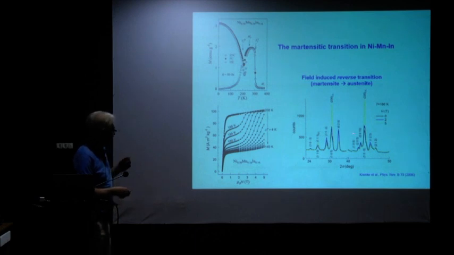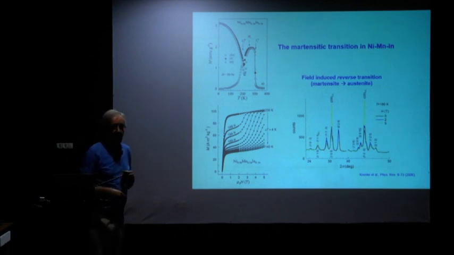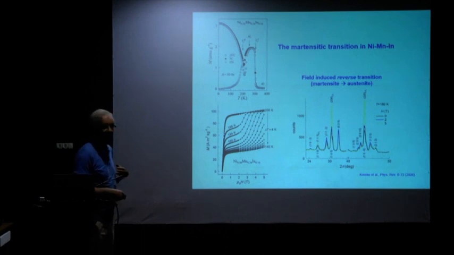I showed you this a little while ago, but I want to show it to you now in the light of this. We start in the Martensite phase, which is in zero field. In zero field, we have these black lines over here, and we have some complex, I think this is 5M modulated structure.